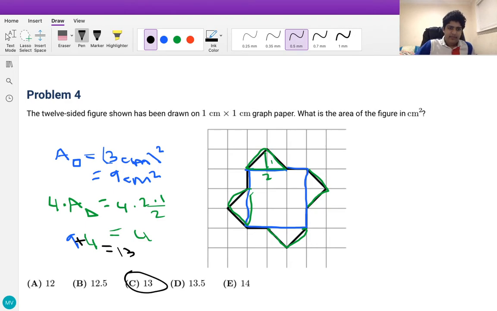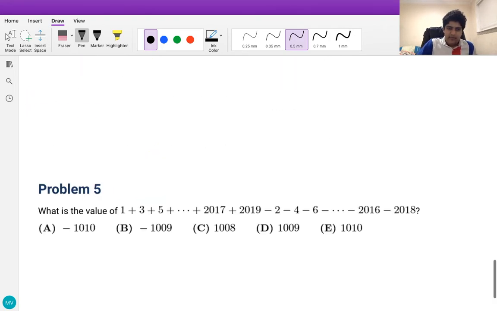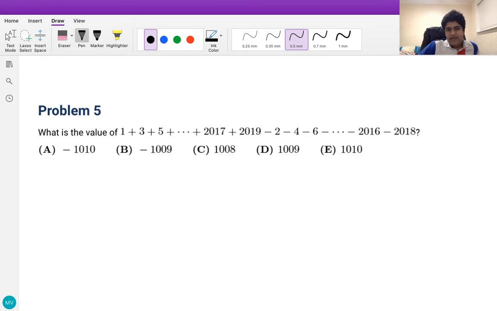Problem number 5. What is the value of 1 plus 3 plus 5 all the way to plus 2019, and then subtracting 2 minus 4 minus 6 all the way to 2018? So let's first partition the sum. We have the sum as 1 plus 3 plus ... plus 2019.